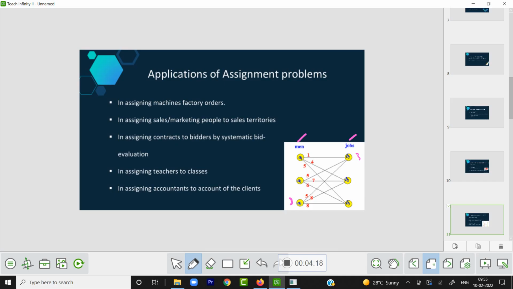Among the 9 possibilities, we are going to find which is the best alternative, which gives the most efficient assignment and the most efficient cost for the client. Like that we are going to decide.